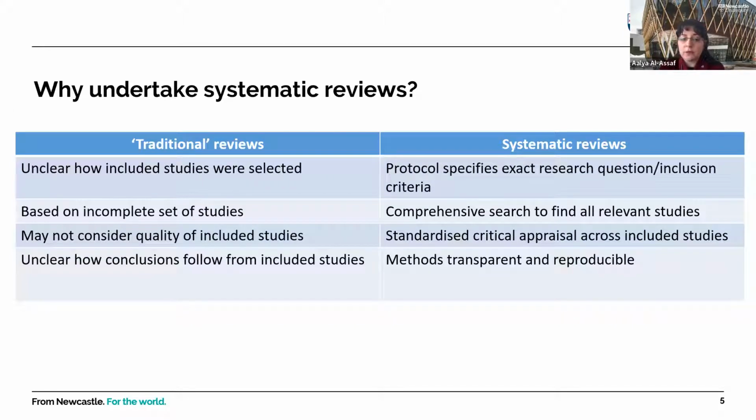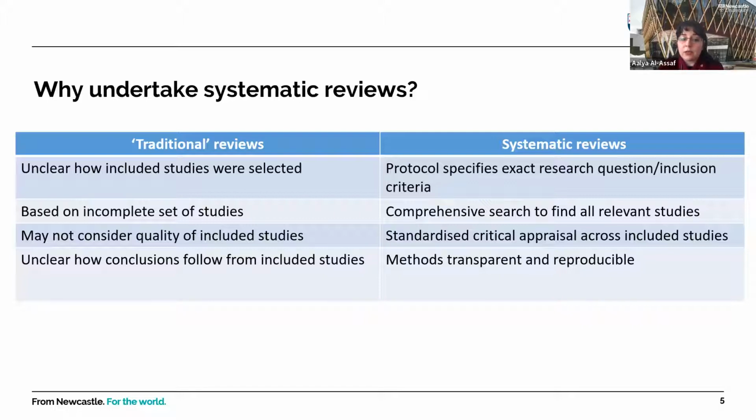In traditional reviews, it's unclear how included studies were selected, whereas in systematic reviews, there should be a protocol that specifies exactly what the research question is and what the eligibility or inclusion criteria are. Also, traditional reviews are based on an incomplete set of studies, whereas in systematic reviews, there should be a comprehensive, thorough, and systematic search of the literature to find all the relevant studies.